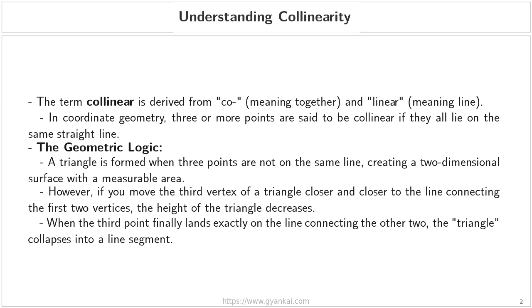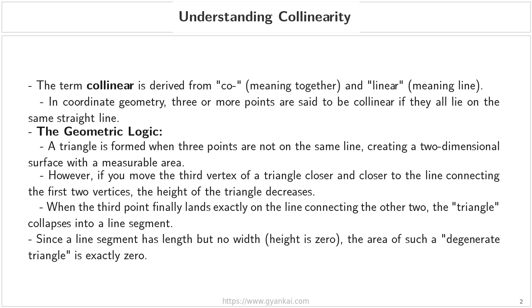As the vertex approaches the line, the height of your triangle steadily decreases. Eventually, a critical moment occurs. When that third point lands exactly on the line connecting the first 2, the triangle loses its height entirely. It collapses, and what was once a triangle becomes nothing more than a simple line segment. Since a line segment has length but absolutely no width or height, the area of this degenerate triangle, as we call it in mathematics, is exactly 0.